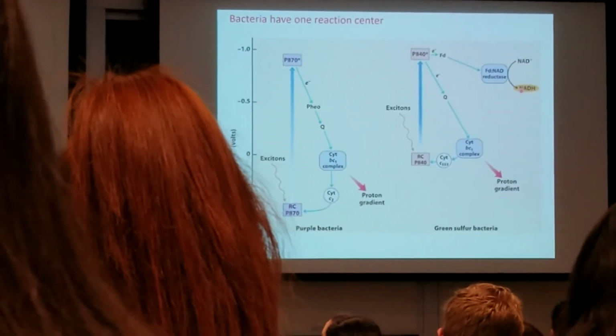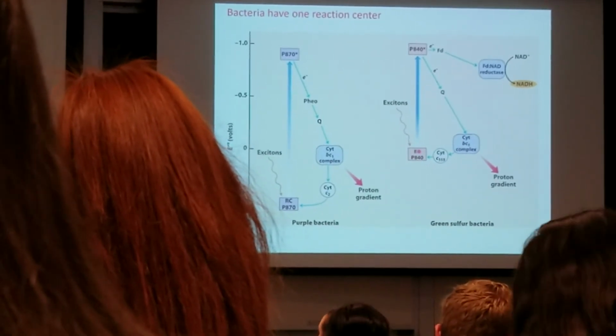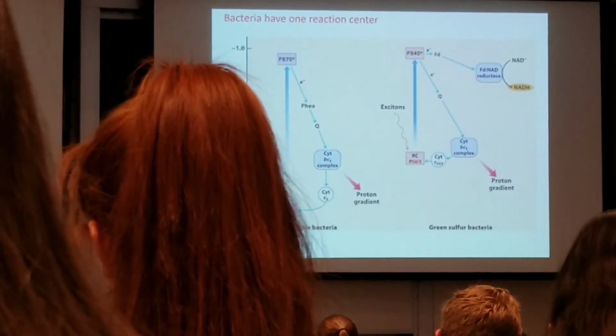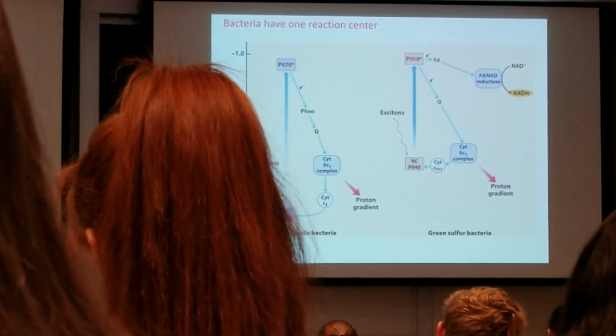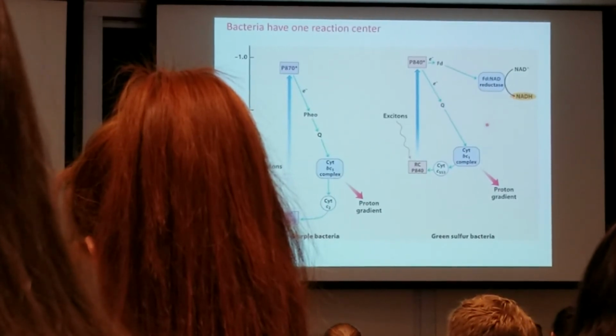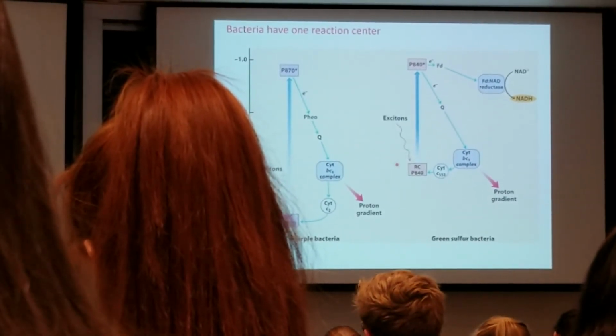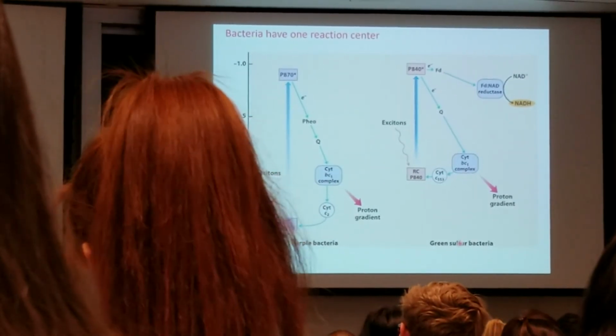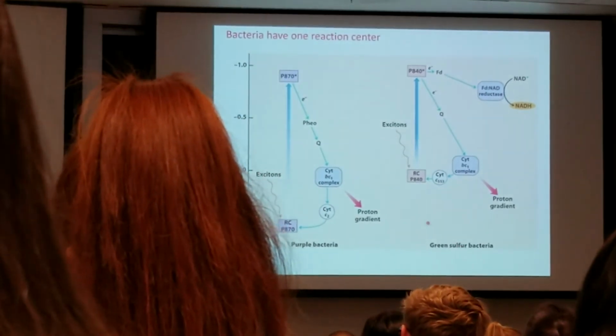Now what they're leaving out is, here in these sulfur bacteria, if the electron which started here goes through this scenario to make NADH, then the electrons have to come back to this reaction center from somewhere. They're coming from sulfur, reduced sulfur. But they're not showing that in the diagram.